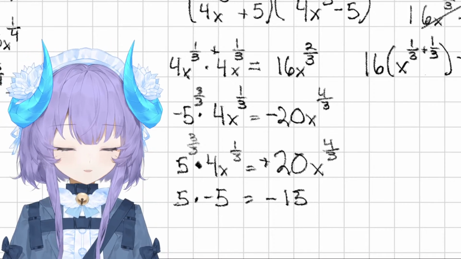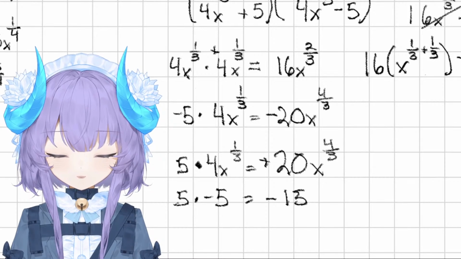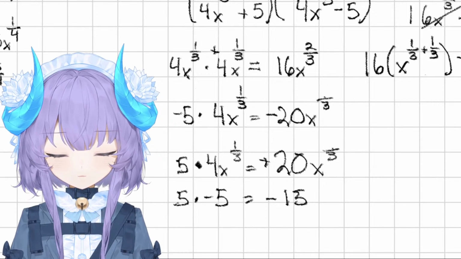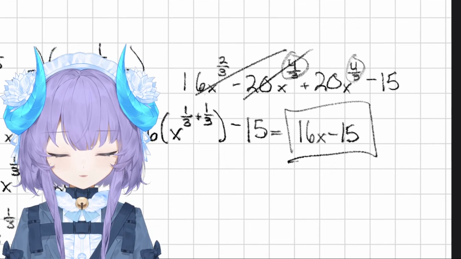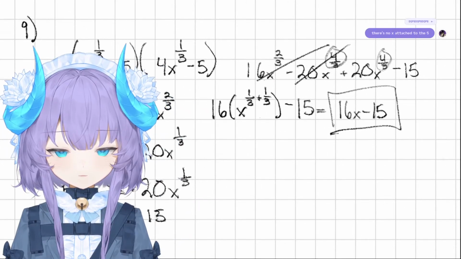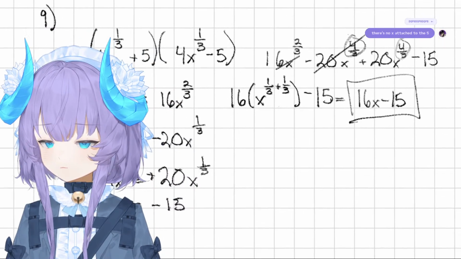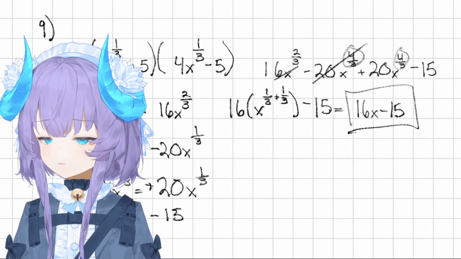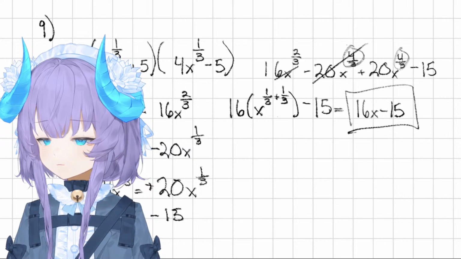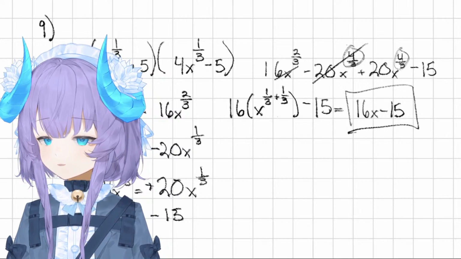Is it because technically there is no x, so it just carries over? But how does that change our solution here? There's no x attached to the 5.